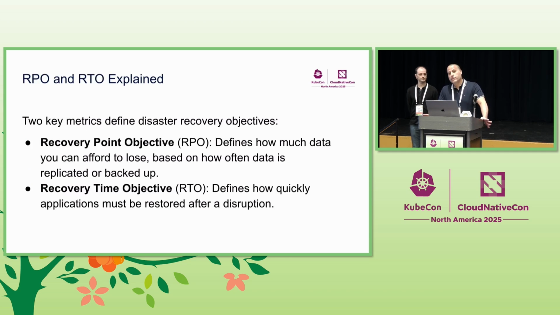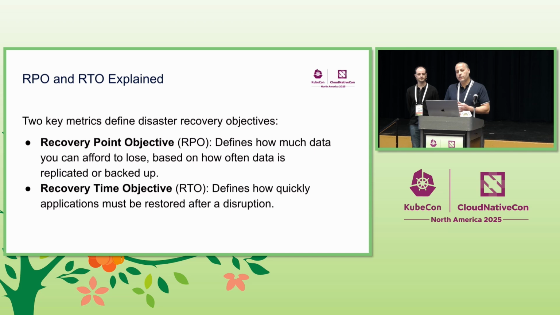So it's all about business continuity, and there are two key goals for business continuity: the recovery point objective and the recovery time objective, RPO and RTO. Both of these measure the availability of applications, and every business needs to have a story about RPO and RTO when it comes to disaster recovery.